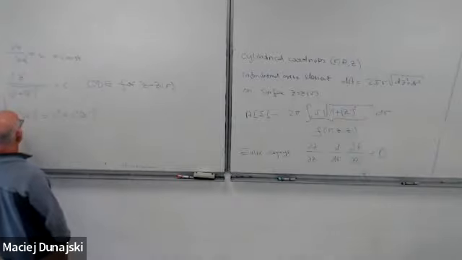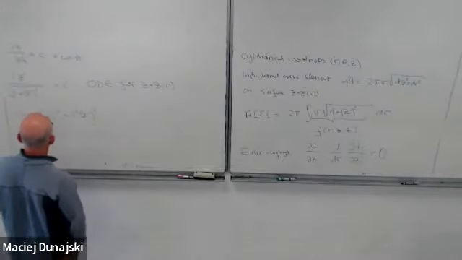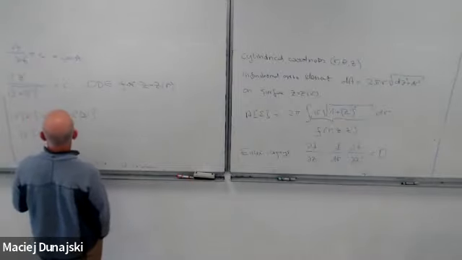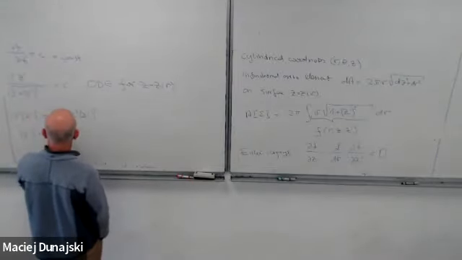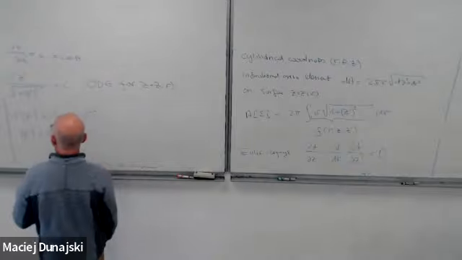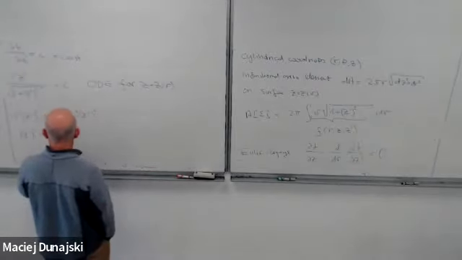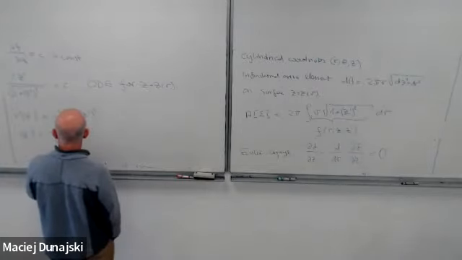So z prime squared equals c squared divided by r squared minus c squared.